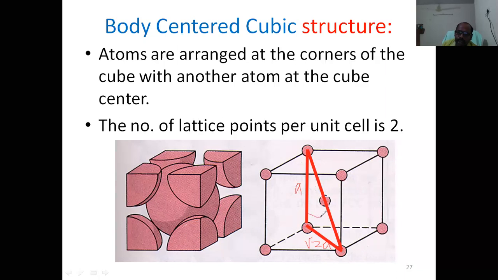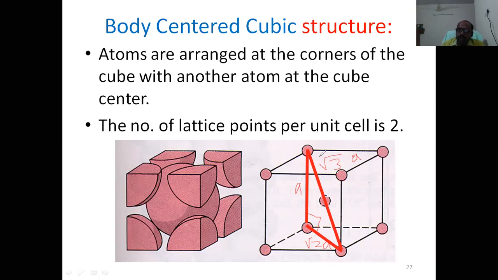Again it is a right-angled triangle. So this length is the square root of a squared plus root 2a whole squared. That means we get this length as root 3a. Now it is clear that the length of the body diagonal is root 3a.